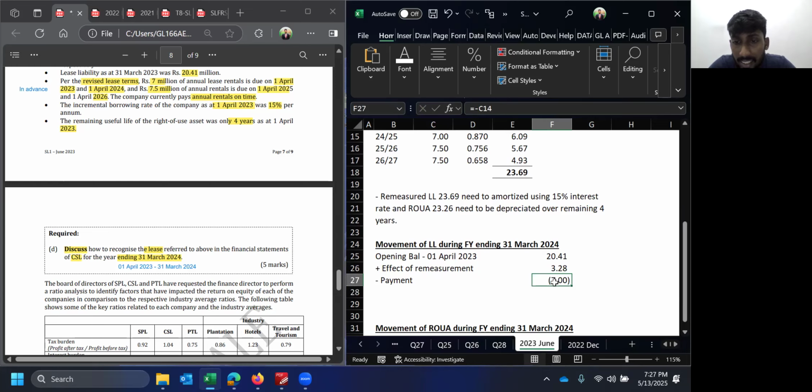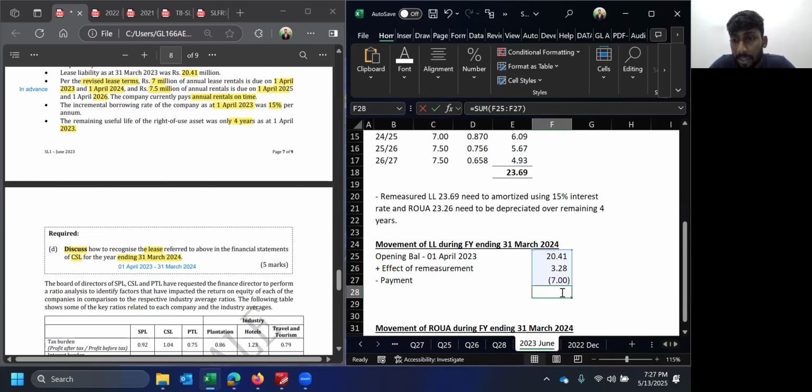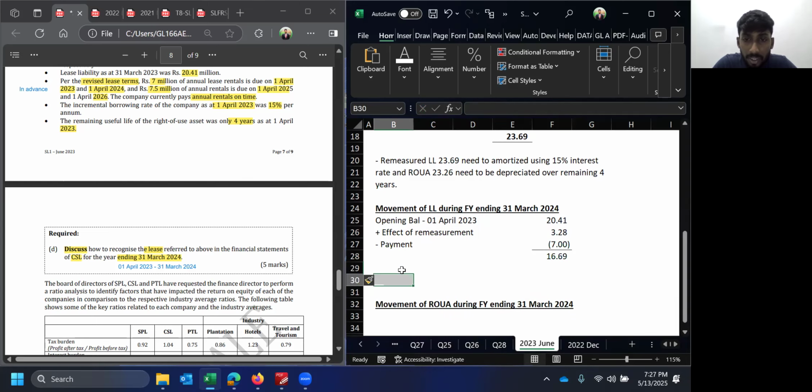Then I can get the value here. It's a subtotal. For this 16.69, I can add interest at 15%. So I got 2.5.